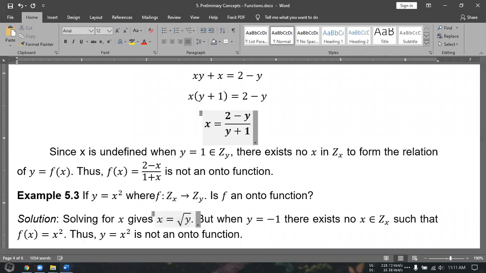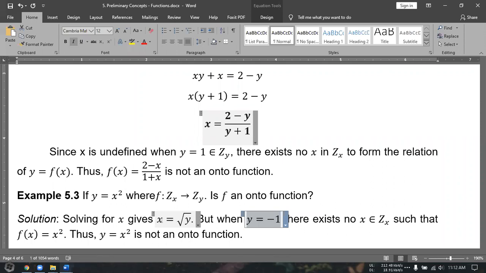And take note, if y is negative 1, there exists no x element of our domain such that f of x is equal to x squared, because even roots do not exist.